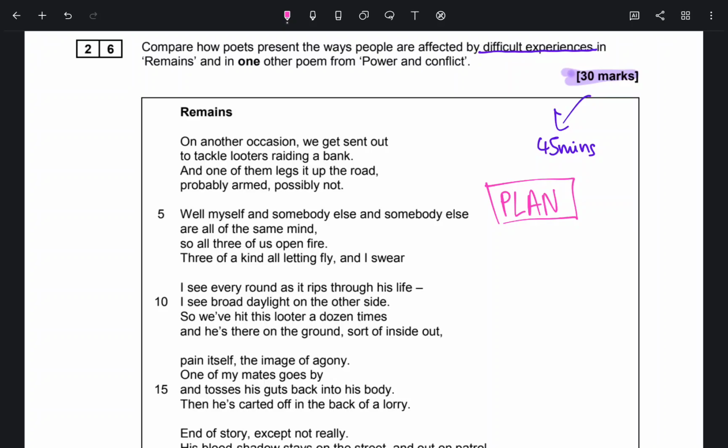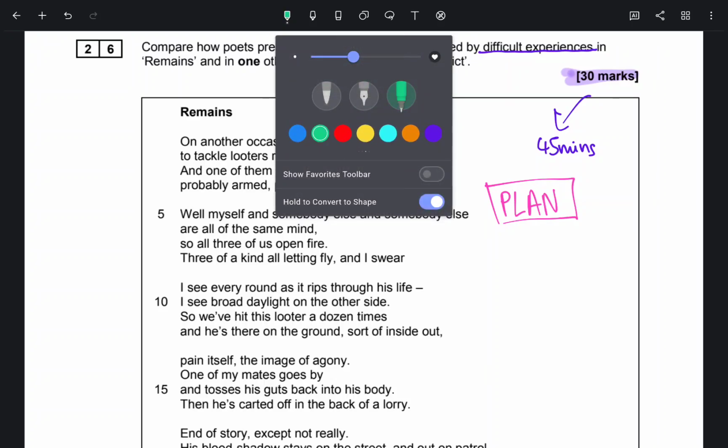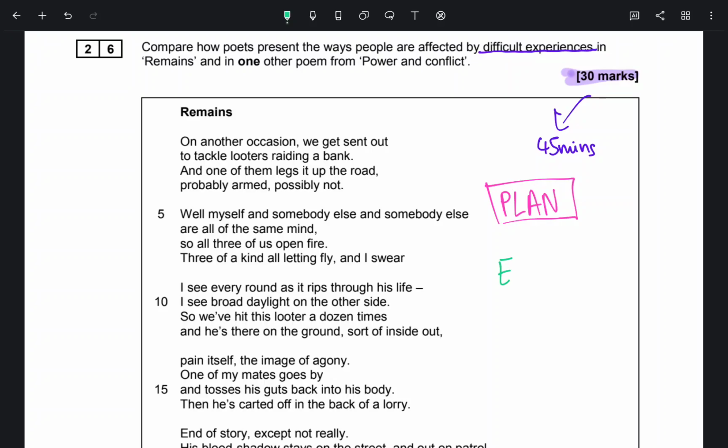Remember, when you answer this question, identify language features in the poem accurately and explain the effect on the reader. The exam board would rather you gave a really clear, well-explained comment about the effect on the reader of a quote than just identifying a technique such as simile, but have a poor comment on it. So if you want to get the top marks, in simple terms, focus on the effect. For example, the effect of language.